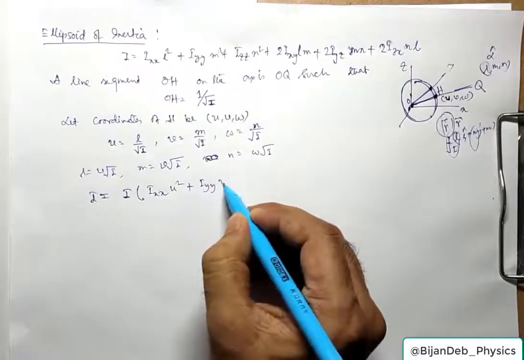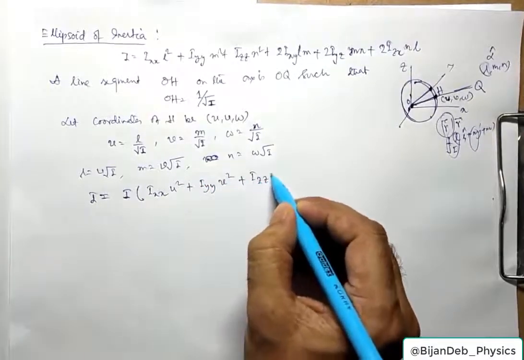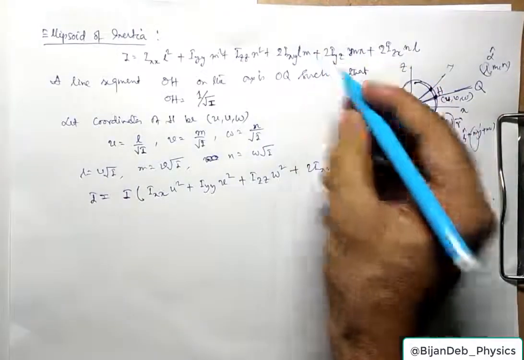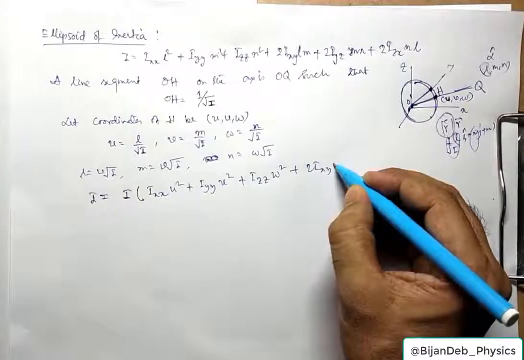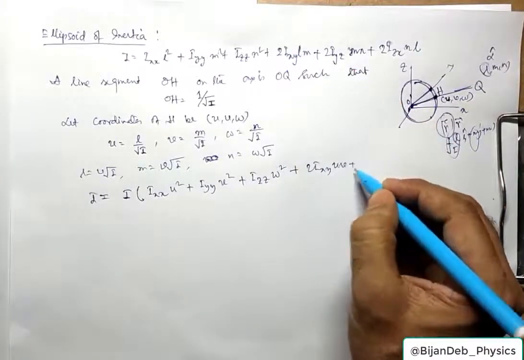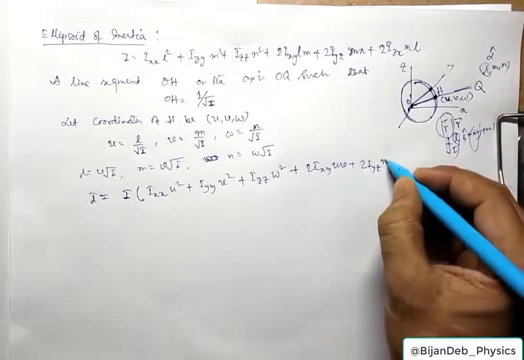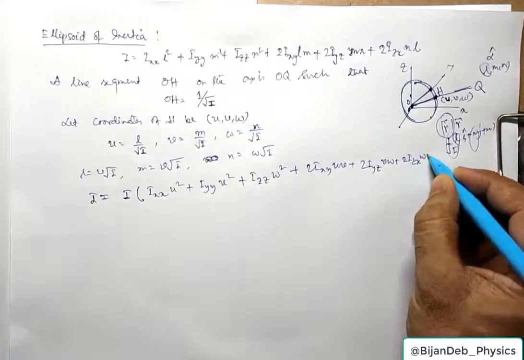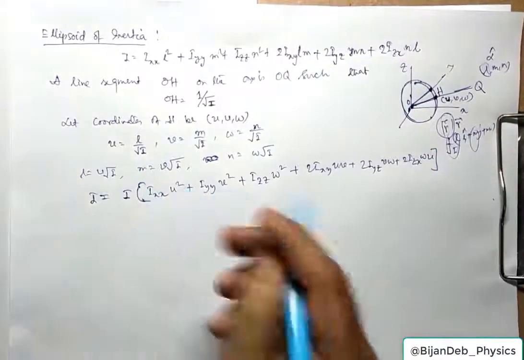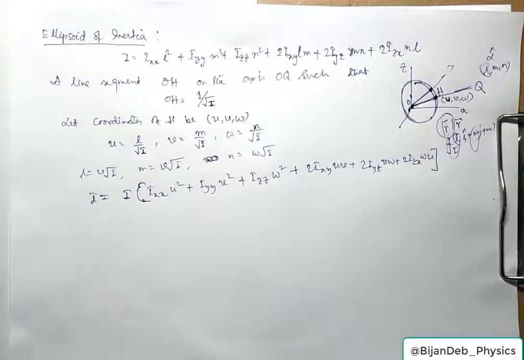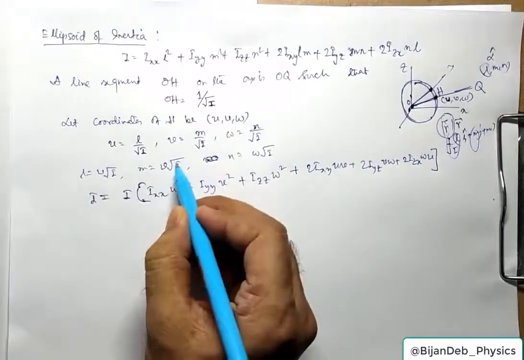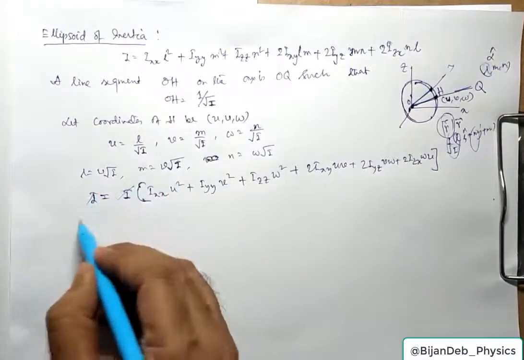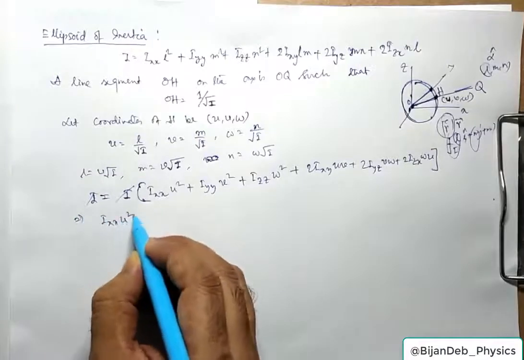Similarly Iyy V square, Izz W square, plus 2Ixy, in terms of lmn this will be UV, plus 2Iyz VW plus 2Izx WU. So you just replace all x, y, z with U, V, W, and the root I factor is everywhere, so I is common and this gets cancelled. So now we will get an expression like this.